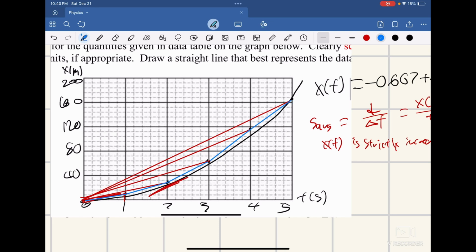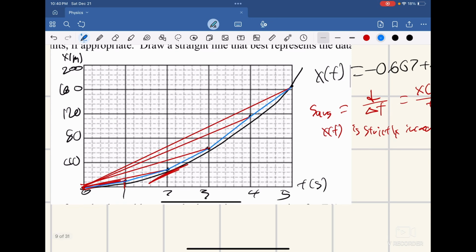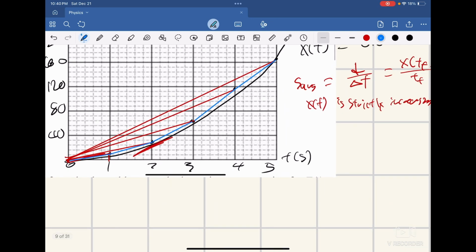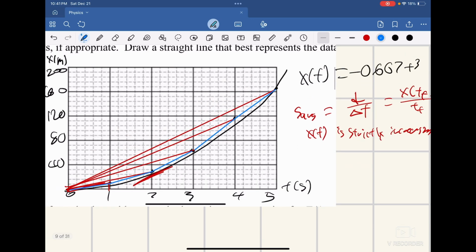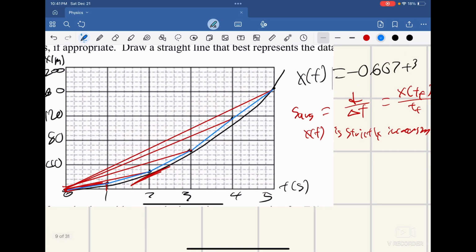And what we realize about each of these is that the slope gets bigger in general, right? The slope gets steeper, meaning that S average is getting bigger, because a steep slope means that the change in y over the change in x, and I'm talking about the x and y axis here, is great.